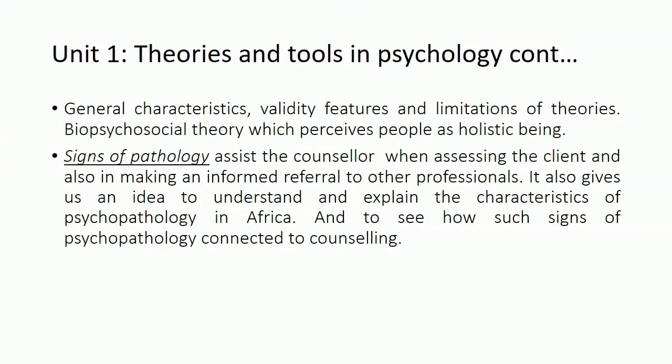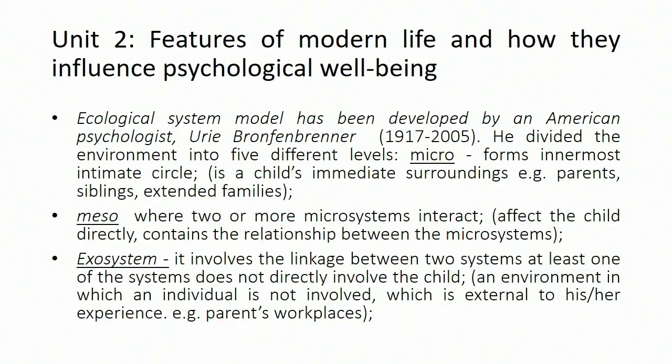We are looking at Unit 2, which is features of modern life and how they influence psychological well-being. The ecological system model was developed by an American psychologist, Urie Bronfenbrenner. He divided the environment into 5 different levels.